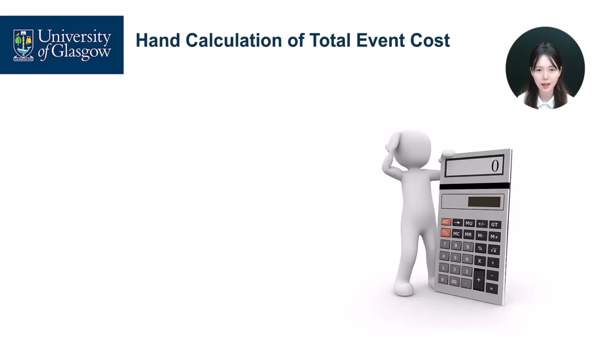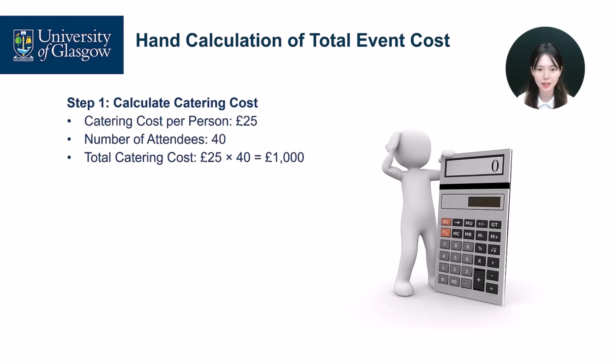By now, you might have already started calculating the total cost in your mind, so let's walk through it together step by step. First, we calculate the total catering cost. We are budgeting £25 per person, and with 40 attendees, this gives us a total catering cost of £1,000. Next, we add up all the key expenses.